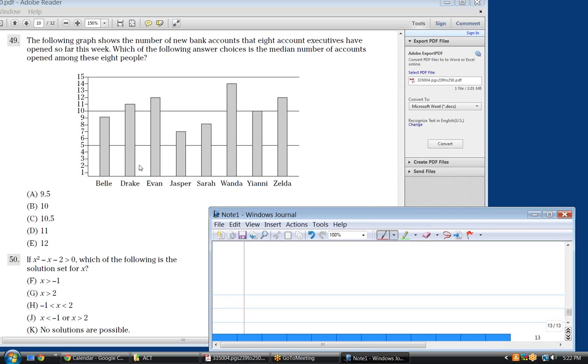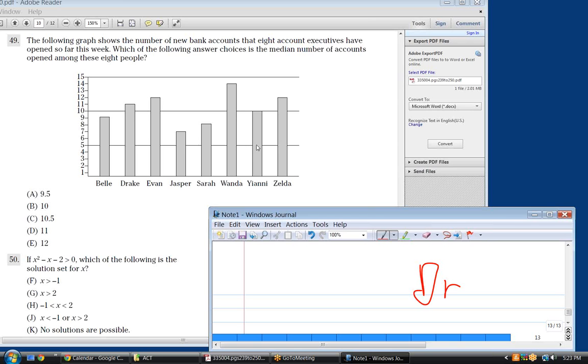Drake, Evan, Wanda, and Zelda. Okay. Drake is the shortest of those. So my median, Drake is the shortest on the big end. And what is the biggest on the short end? My 4 shortest are Belle, Jasper, Sarah, and Yanni.